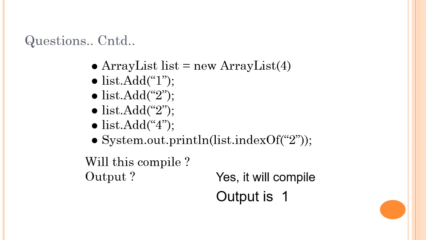Yes, it will compile. indexOf is a method that takes a value and it will return the index if this value is found. We have the value 2, which is an element at index 1, so the output here will be 1.